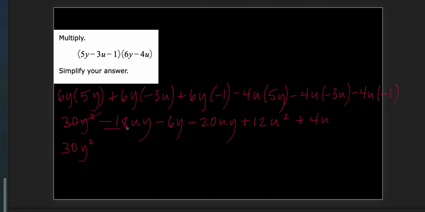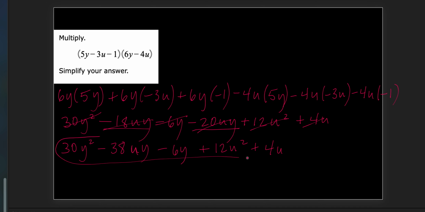I've got a couple uy terms here. So negative 18uy minus 20uy is negative 38uy. So I used those. Looks like negative 6y is by itself. And all of these are by itself, I guess, as well. So plus 12u squared plus 4u. So all of that is your answer.